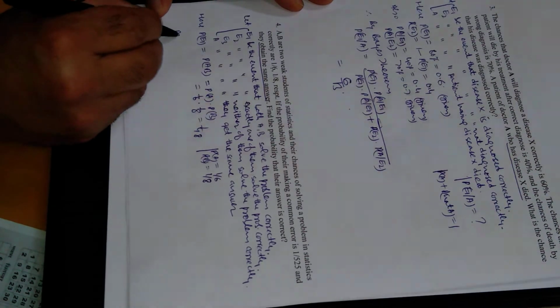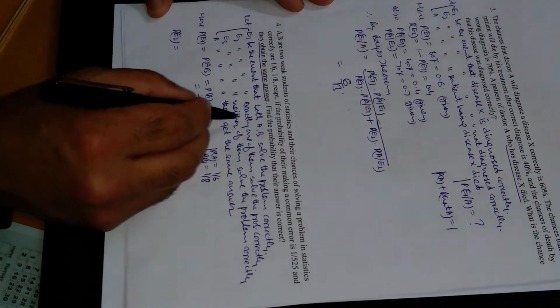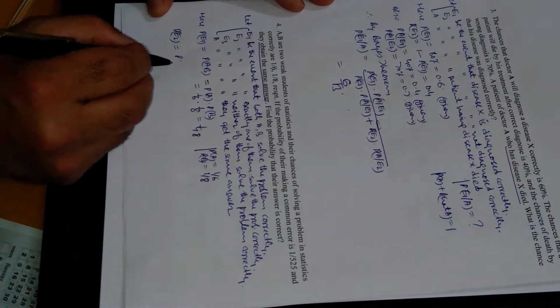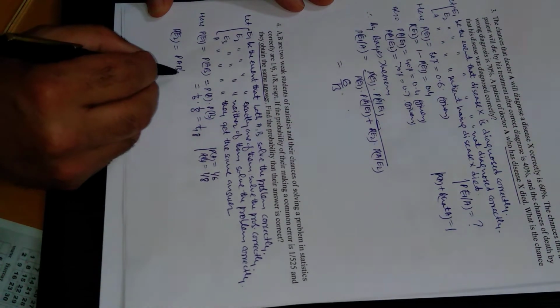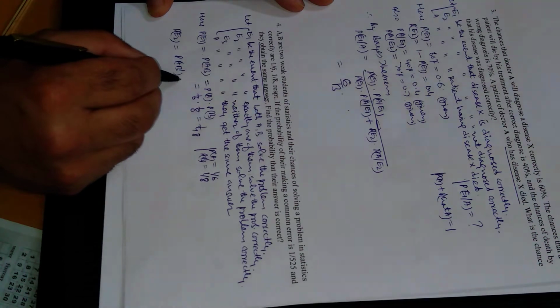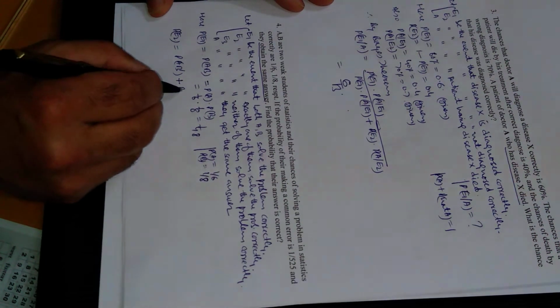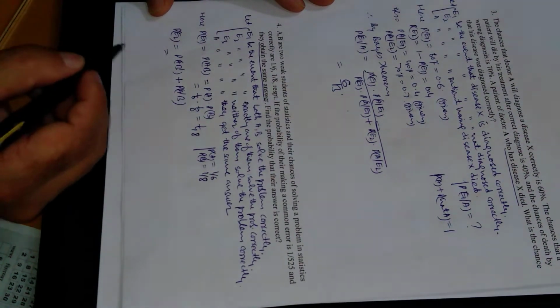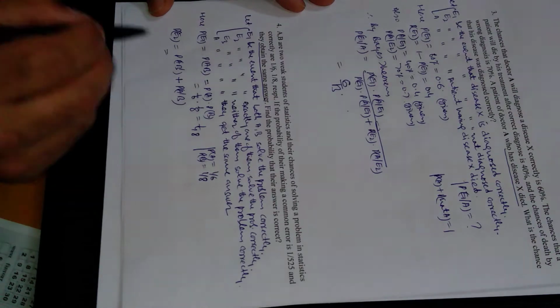Now second, we need P of E2. What is P of E2? Exactly one of them solves the problem correctly. Exactly one of them means if A is solving, B is not solving, and the second option, or means plus, is if A is not solving, then B is solving the problem. Because both are solving the problem independently, these events will also be independent.